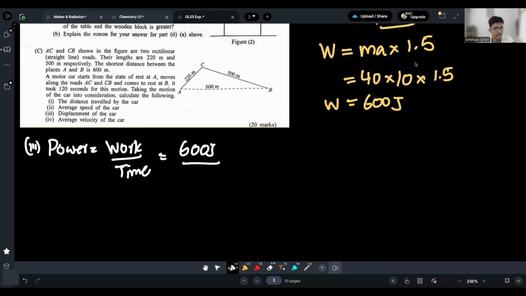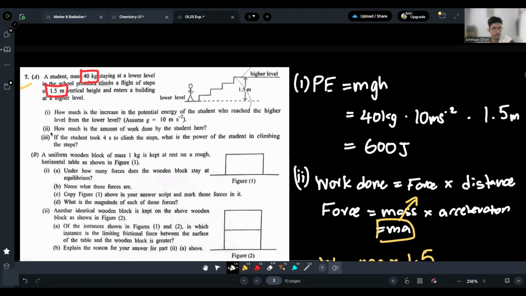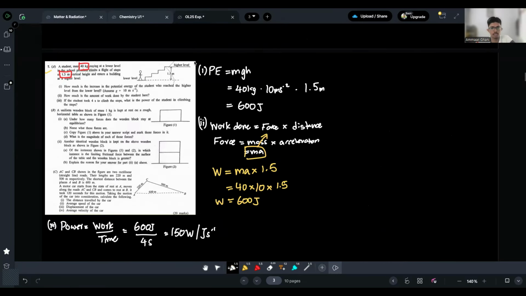What is the time? It is 4 seconds. So what's the power? 150 watts, or 150 joules per second. This is the power. So this is how you have to answer part A of the 7th question. Let me clear this down so that we can answer part 2.